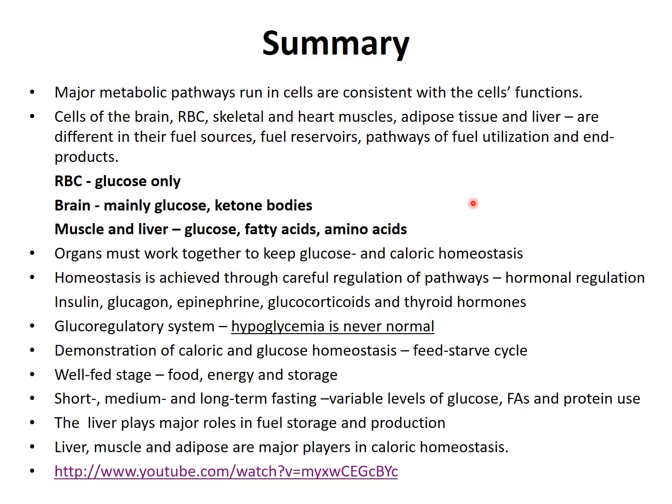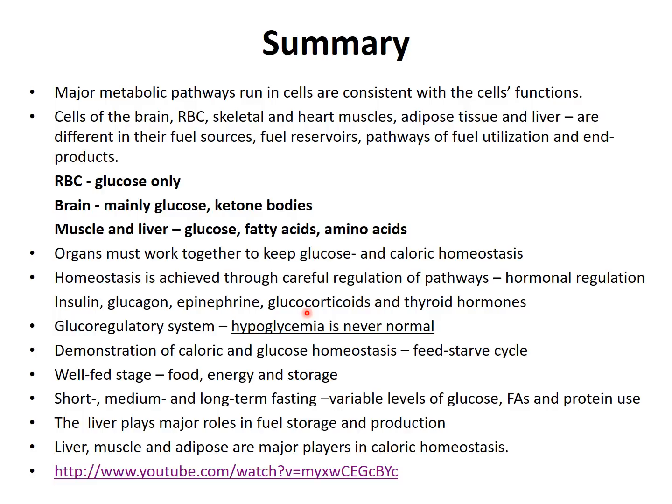And finally, this is the summary of the lecture. At first, we went through the different typical cells, what is happening there, what they can use, what they can take up for energy, and what they can potentially release. We focused on the central nervous system, red blood cells, skeletal and heart muscle, adipose tissue, and liver. Then we switched to glucose and caloric homeostasis.